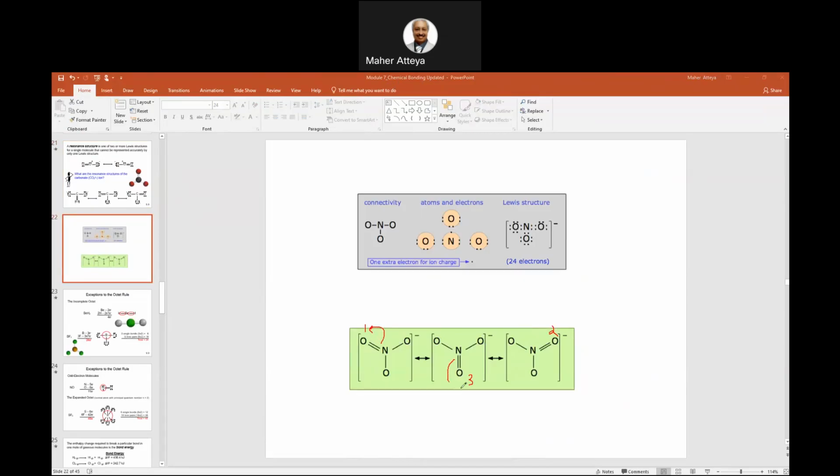Here is now number 3. Here is number 2. So the double bond is moving around 3 places through resonance. Therefore, we can expect this one, nitrate, to be a very, very stable anion. Okay.